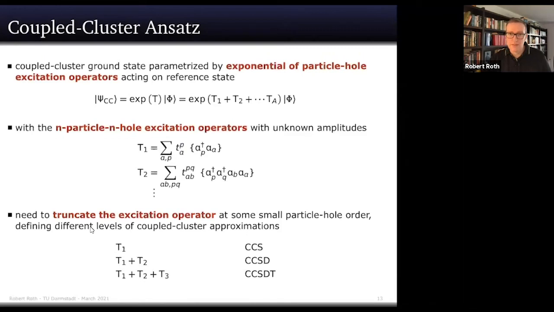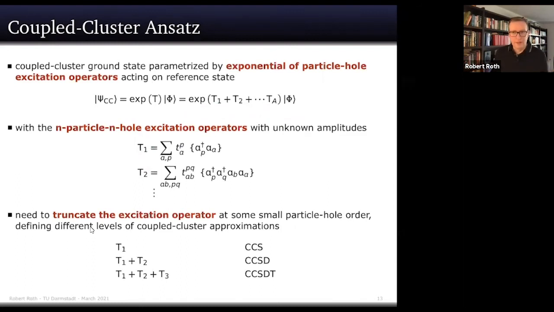So that means the exponential gives you all kinds of product terms of this T1, T2 up to TA. Lots of extra particle hole content, lots of extra correlations. And that's particularly useful if you start to truncate this sequence of particle hole operators, because this would be the exact solution of the full problem.